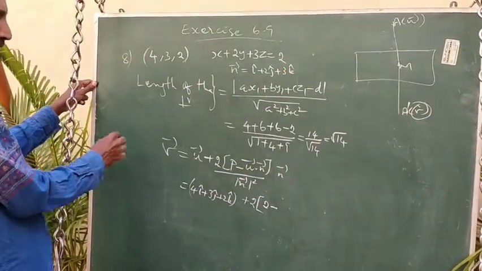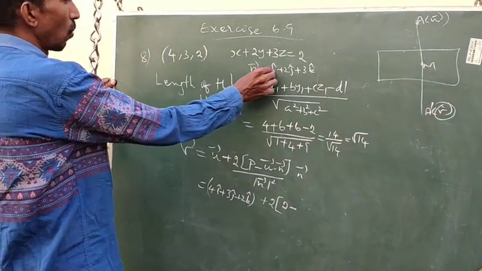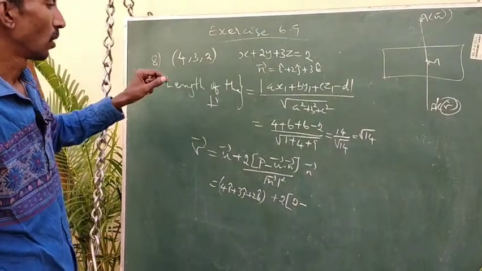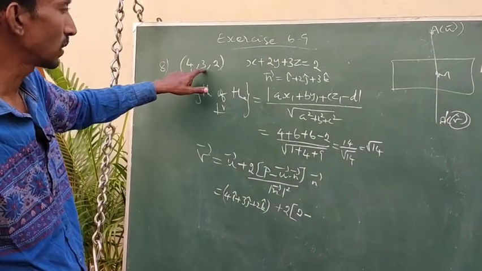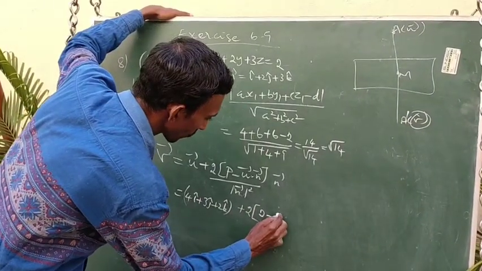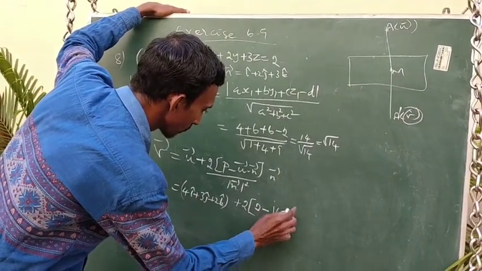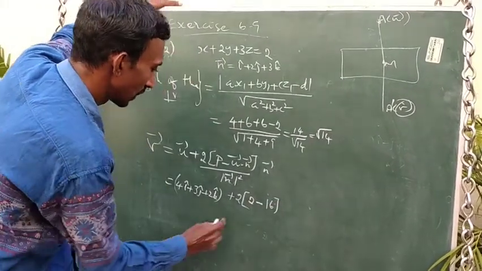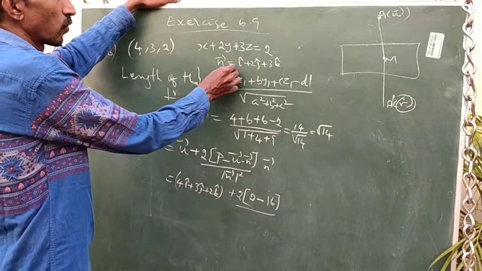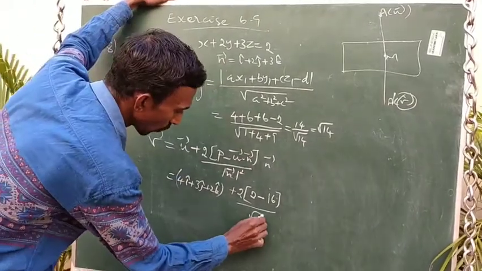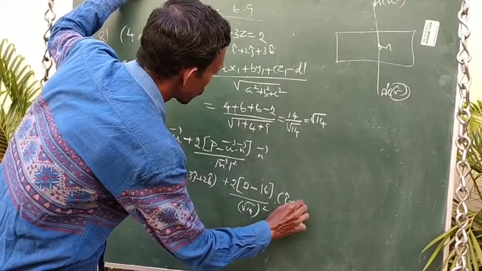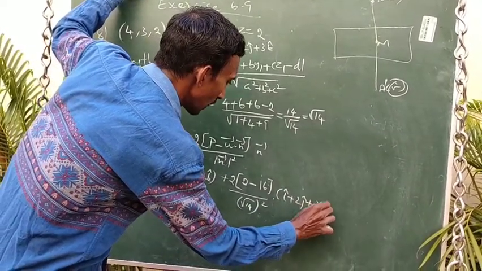The dot product of the two is 4 plus 6 plus 6, that is 16. Then 16 by the magnitude of n vector square, root 14 the whole square, into i plus 2j plus 3k.